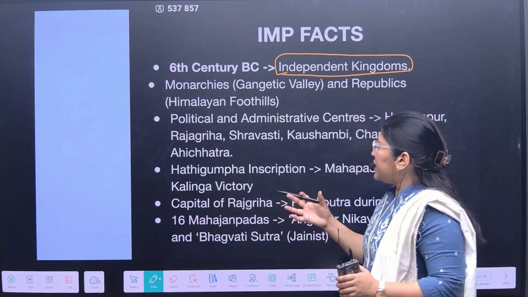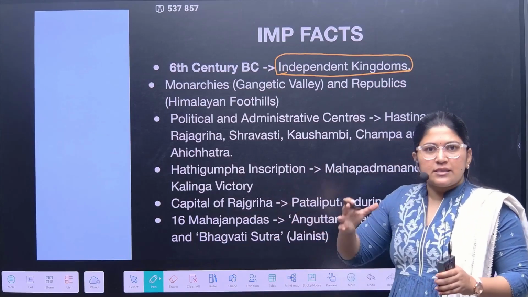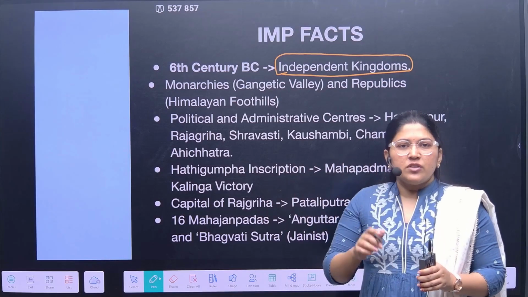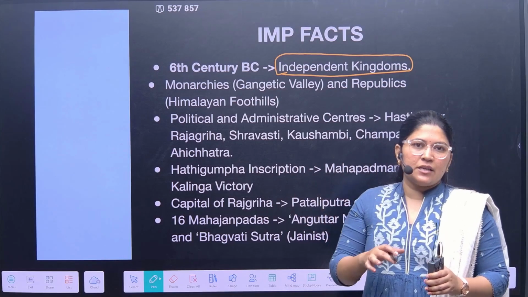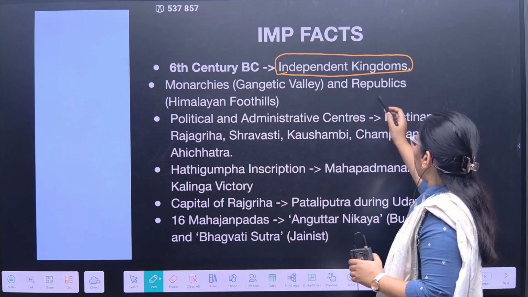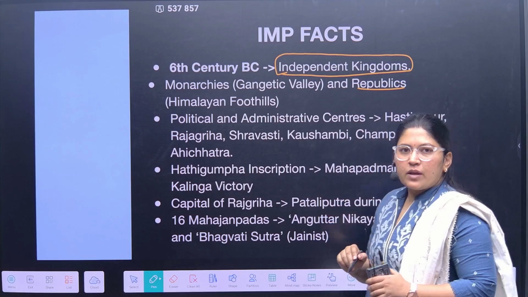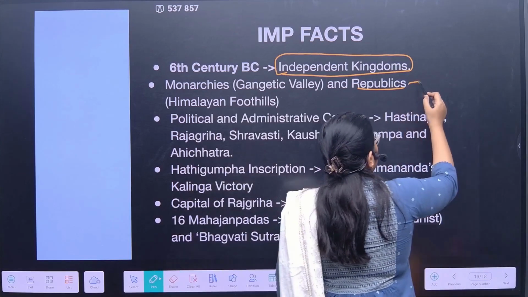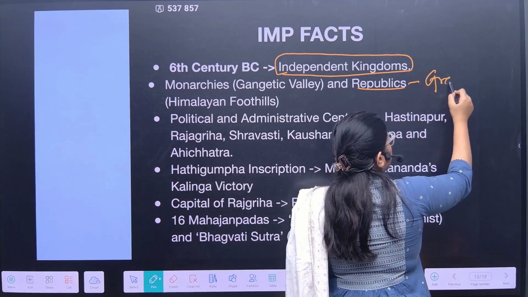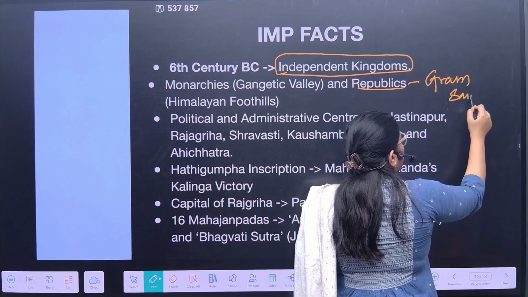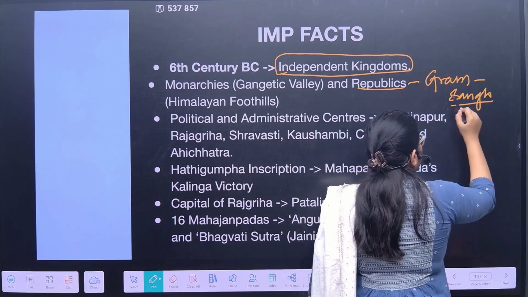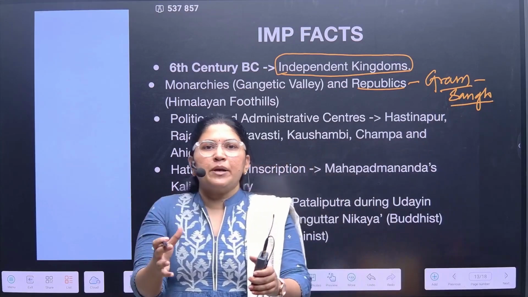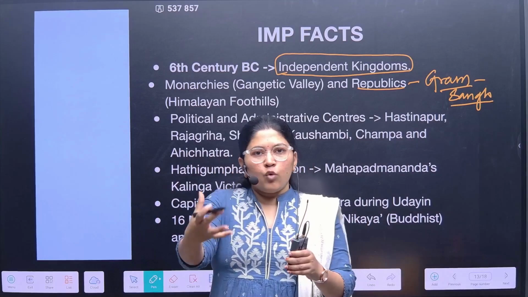After this time frame, we'll see two types of polities. The first is monarchical polity, and the second one is the republic polity. Now the republic is the village Sangha or the Grama Sangha, which would be running on the principle of the Grama Sangha, meaning n number of villages and cities coming together and running their own course.